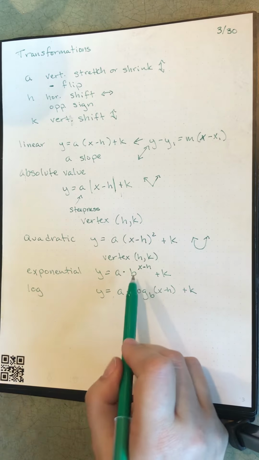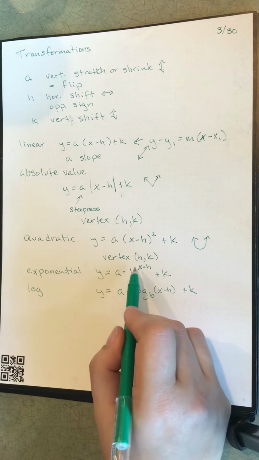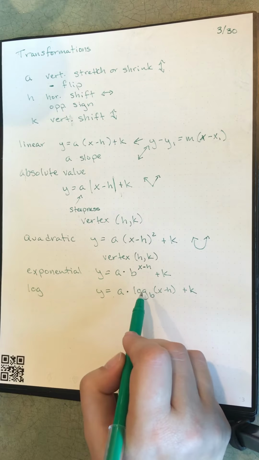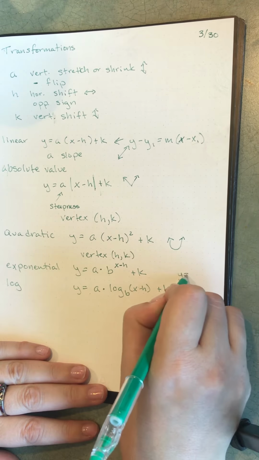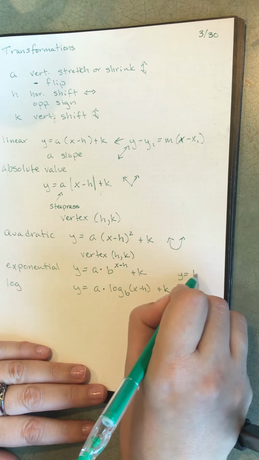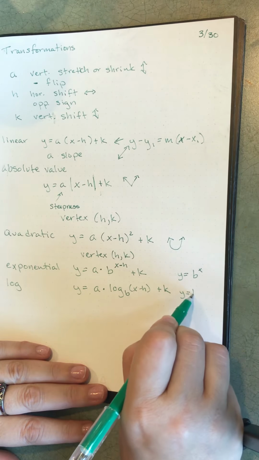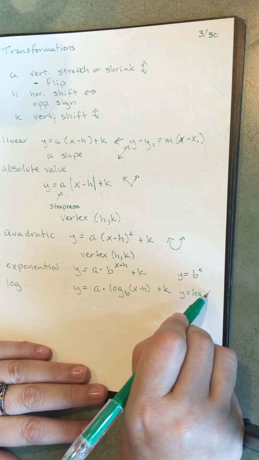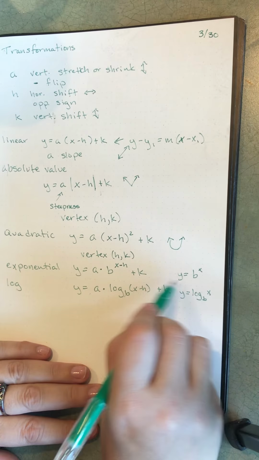So if you start with your parent function from the base, for exponential and log, you just match the base for the parent function. So here the parent is y equals base to the x, and here it's y equals log base b of x, with those bases the same.